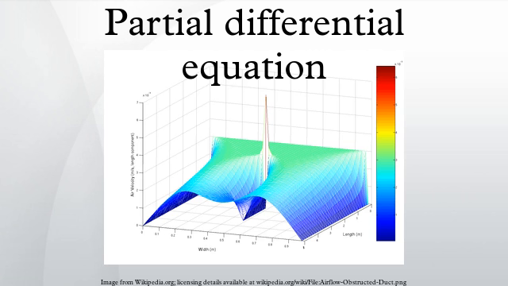Polyanin, A.D. and Zaitsev, V.F., Handbook of Nonlinear Partial Differential Equations, Boca Raton, Chapman and Hall CRC Press, ISBN 1-58488-355-3. Polyanin, A.D., Zaitsev, V.F. and Moussiaux, A., Handbook of First-Order Partial Differential Equations, London, Taylor and Francis, ISBN 0-415-27267.